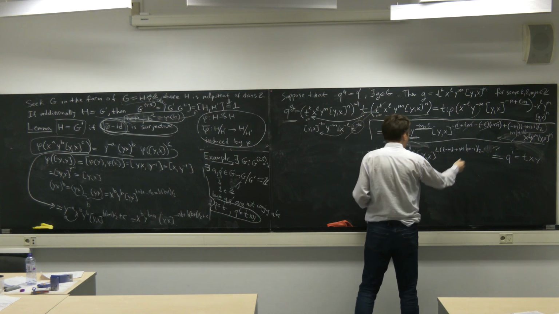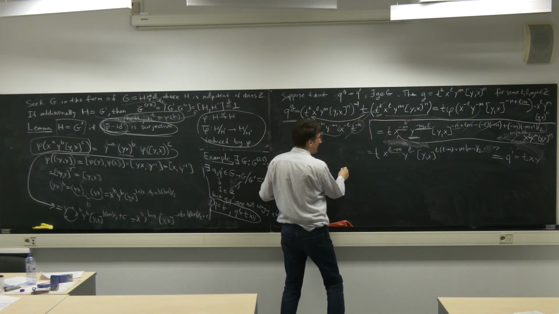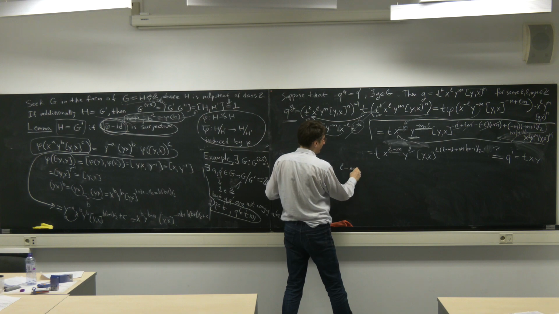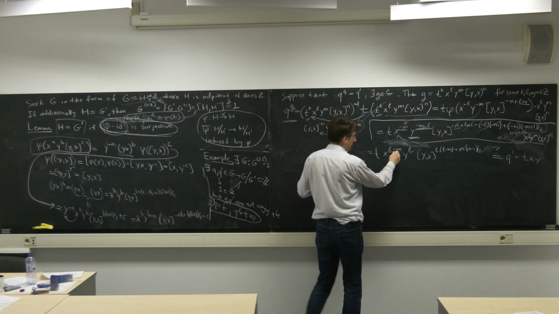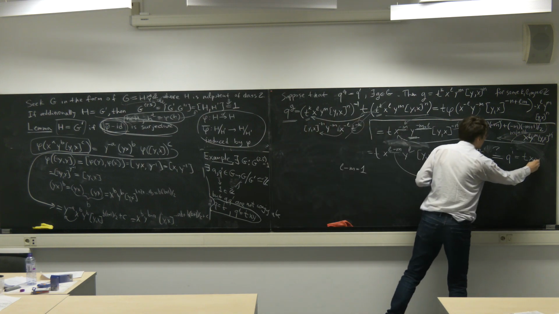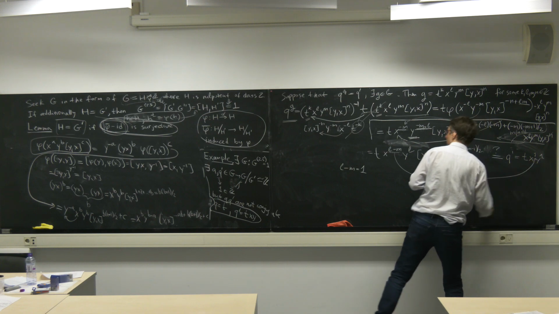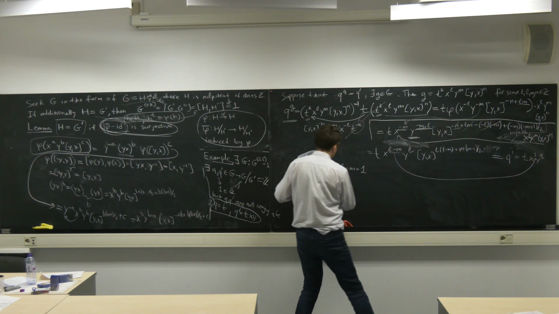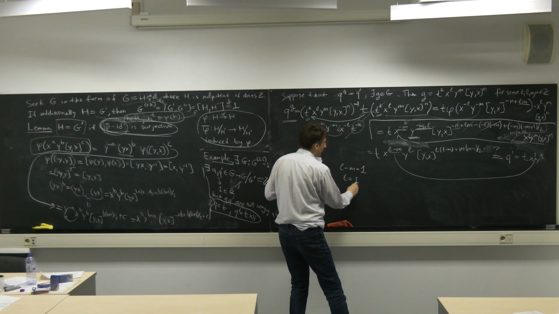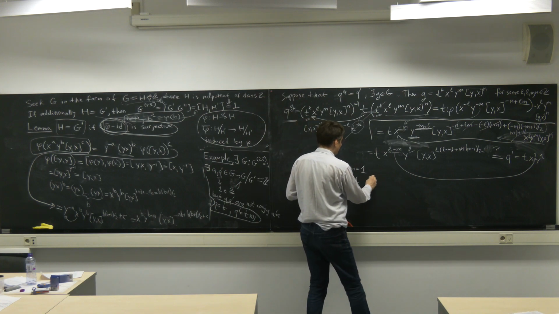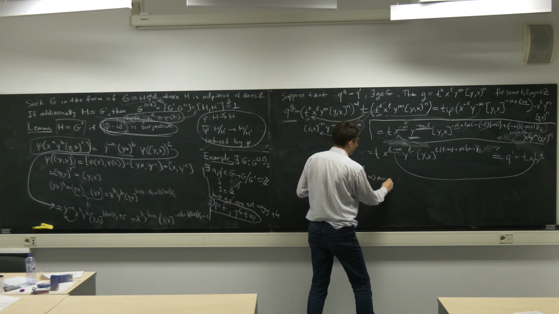Okay, so if these are equal, then we have L minus M equals 1. This one equals this one. And this L equals 1. So this implies that M equals 0.